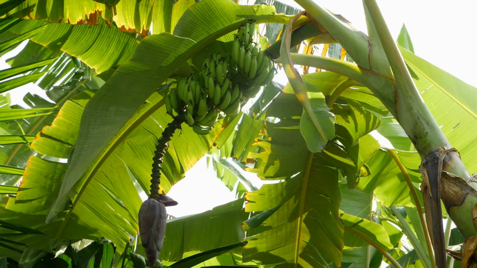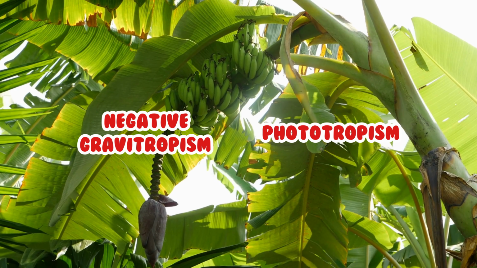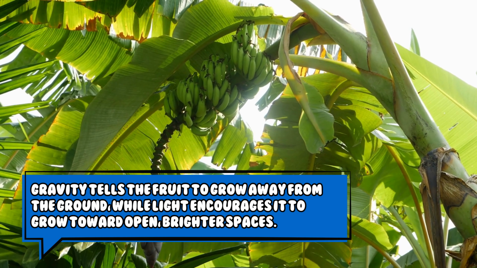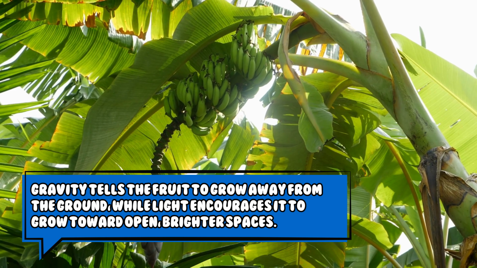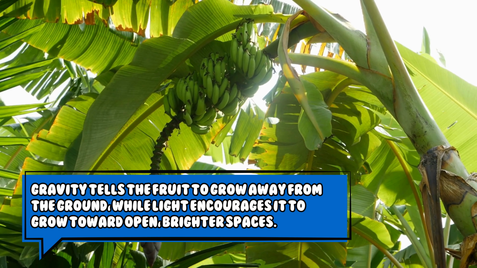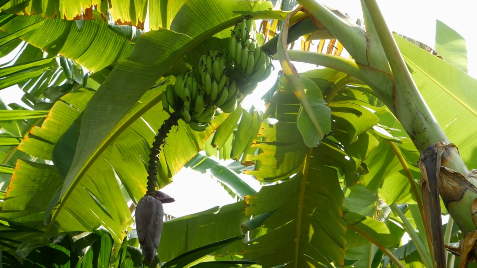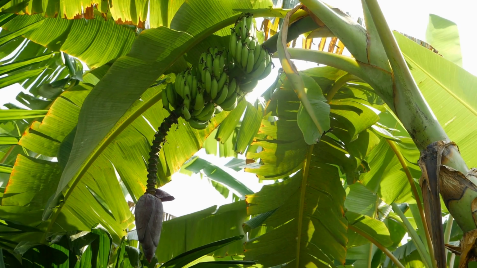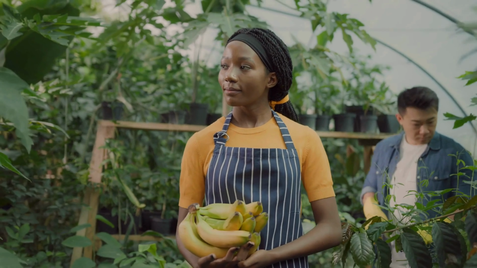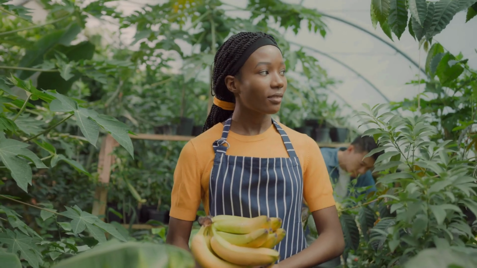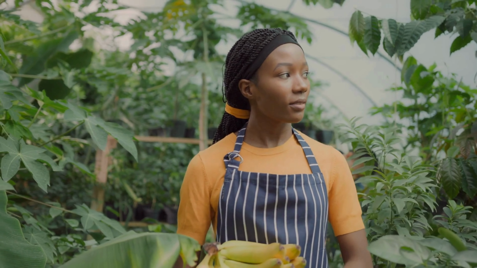The combined effects of negative gravitropism and phototropism create the banana's signature shape. Gravity tells the fruit to grow away from the ground, while light encourages it to grow toward open, brighter spaces. The result isn't an accident. It's the product of millions of years of plant evolution, fine-tuning the most efficient way to grow.